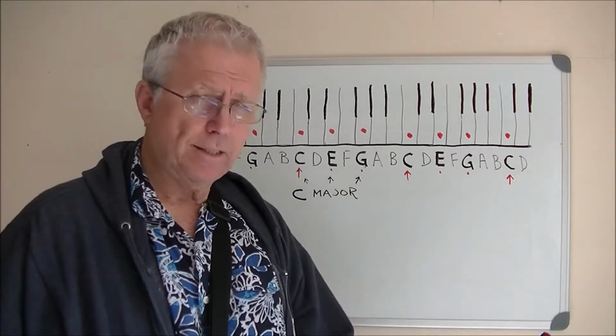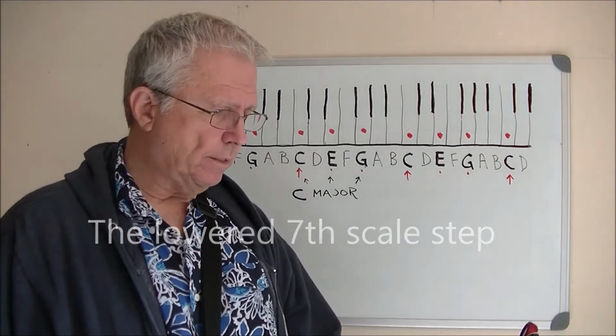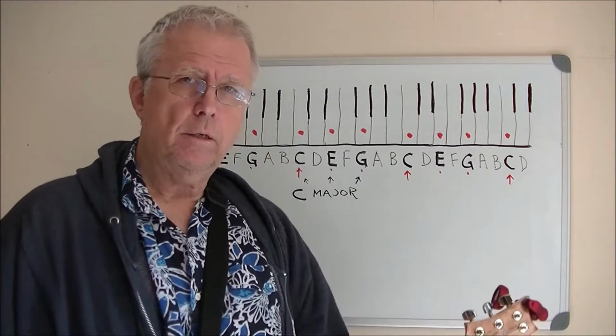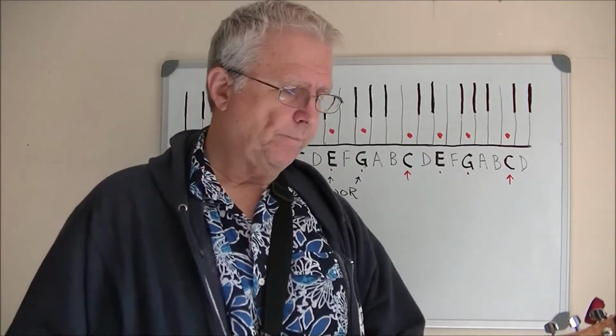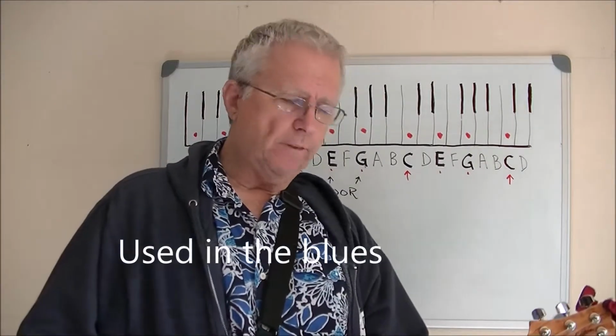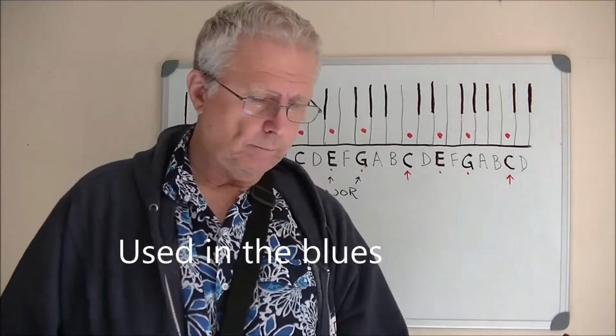So let's look at the next one that's below it. This B flat is strongly suggestive of a change of keys. That lower B flat is frequently used in the blues. It's called a blue note.